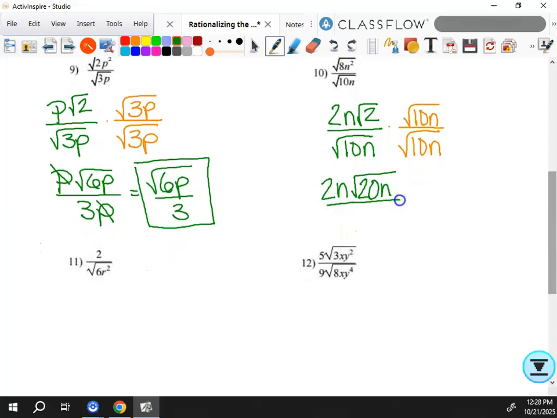All over 10n. We all good so far? Let's worry about the fraction part first. These n's can cancel out, and the 2 and the 10 reduce, so I end up with the square root of 20n over what? 5. Okay.